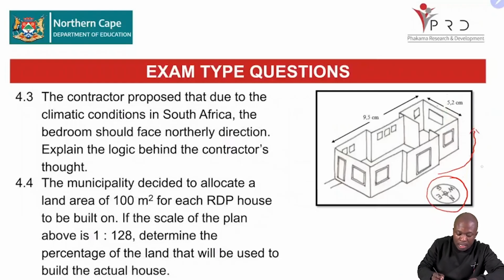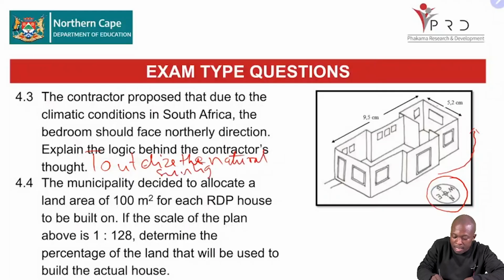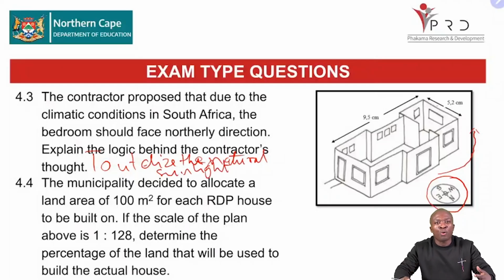You can write down to utilize the natural sunlight, or try to give your own simple explanation. But the key here is that never ever leave questions unanswered. Write what you think, because some of them demand you to reason. To reason means being able to apply your own mind, so that we can give you marks for that.